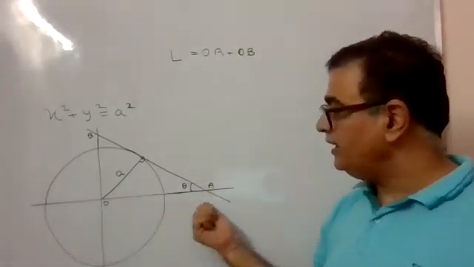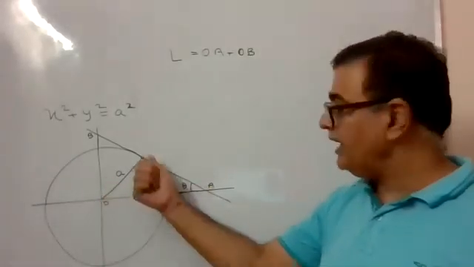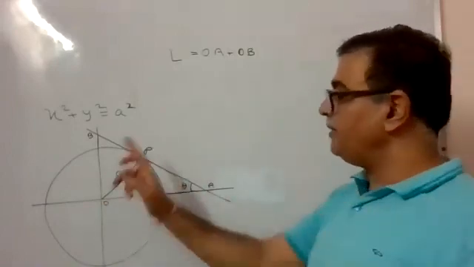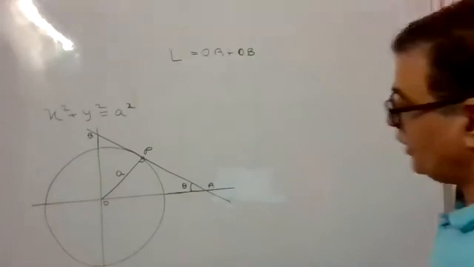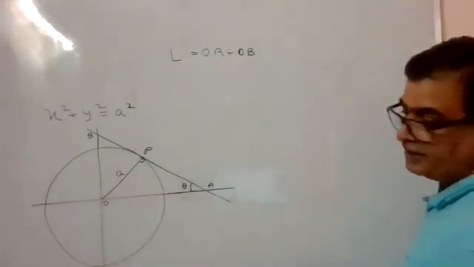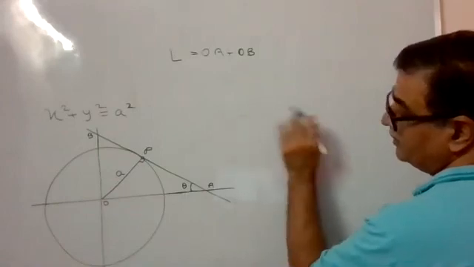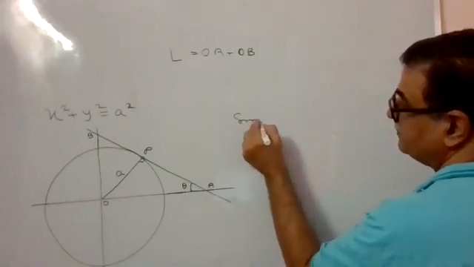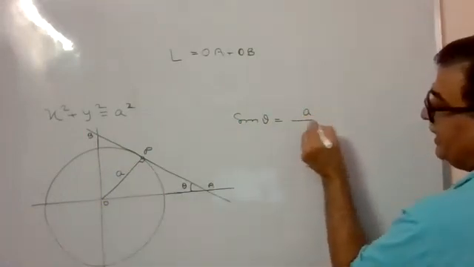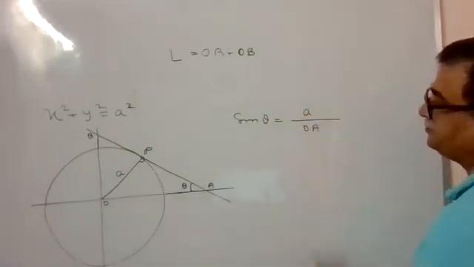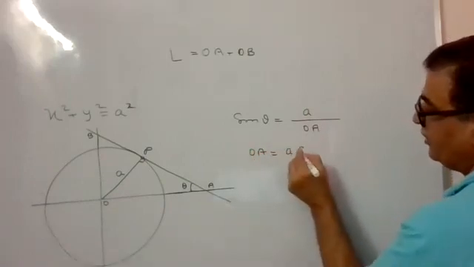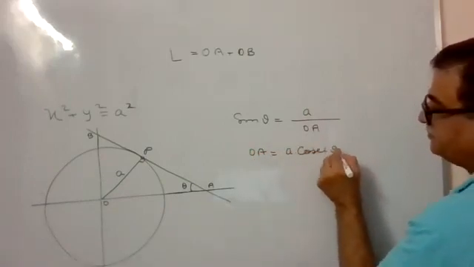Hypotenuse is OA, perpendicular will be A and base will be this point. Let this point be P here, so AP will be the base. As we want OA, meaning the hypotenuse, and the perpendicular is there, I go for sine theta, that is perpendicular by hypotenuse, means A by OA, or OA comes out to be A cosec theta.